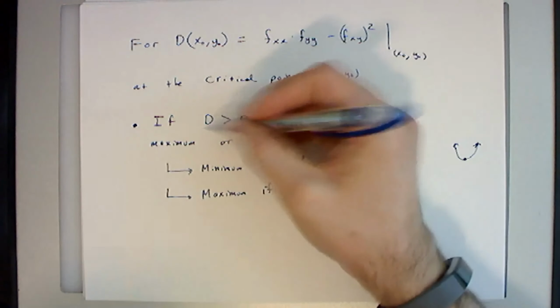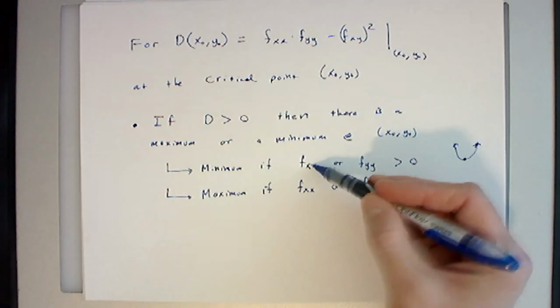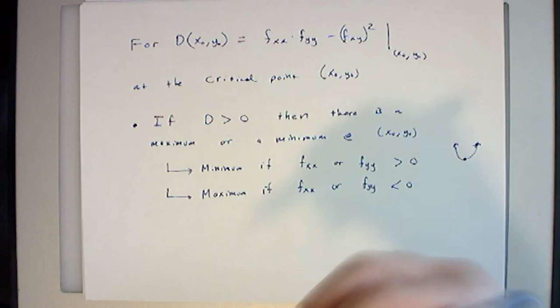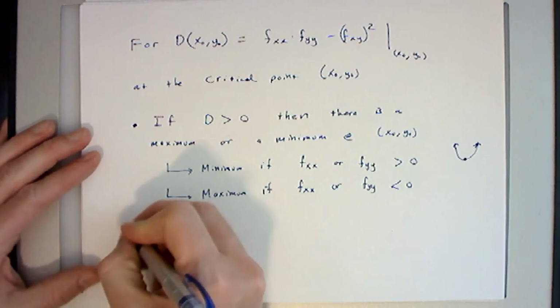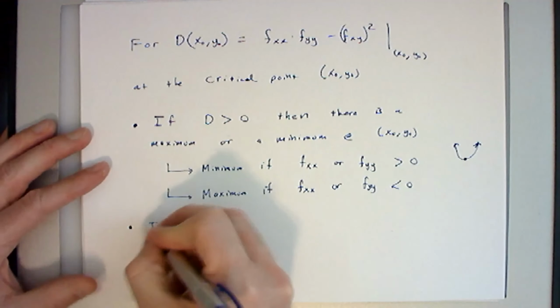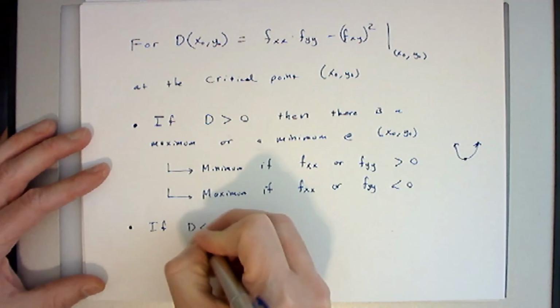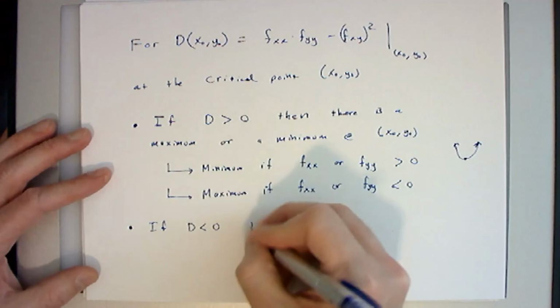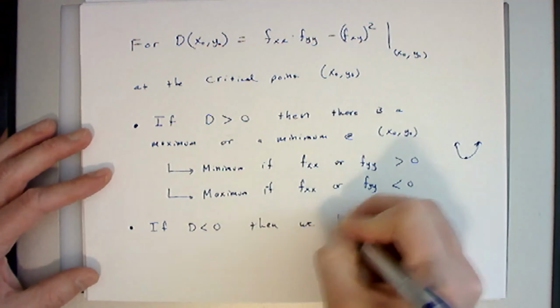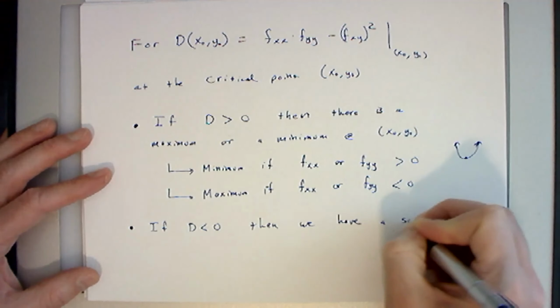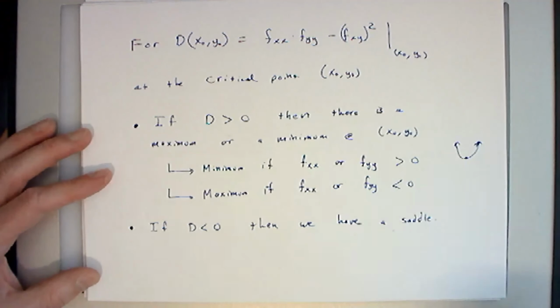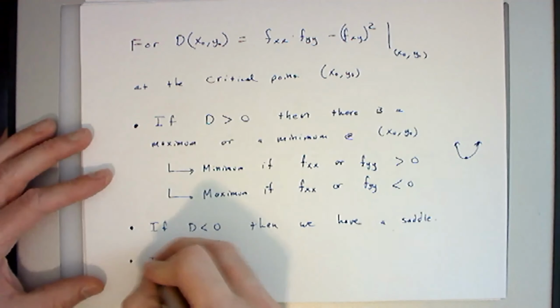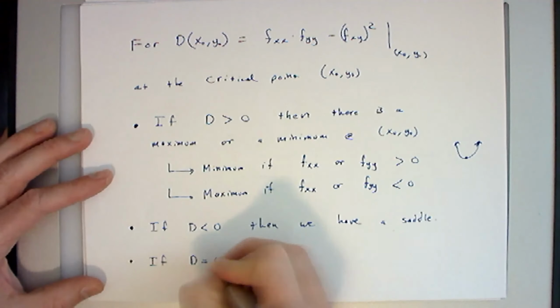So when D is positive, you know that fxx and fyy are the same sign, so you only have to check one of them. The other two things that can happen are, like we saw in the previous example, if D is less than 0, then we have a saddle. And lastly, if D is equal to 0, we don't know.